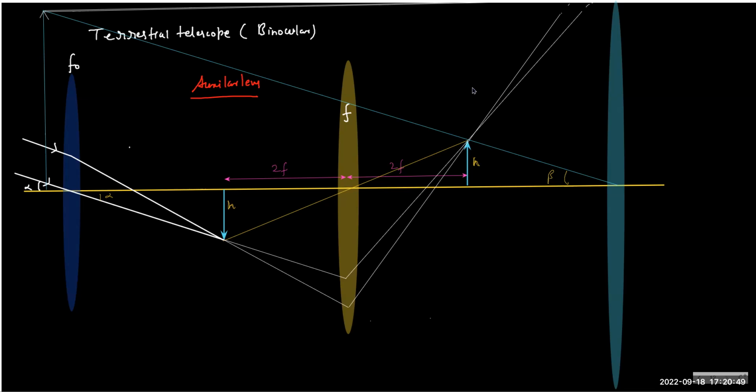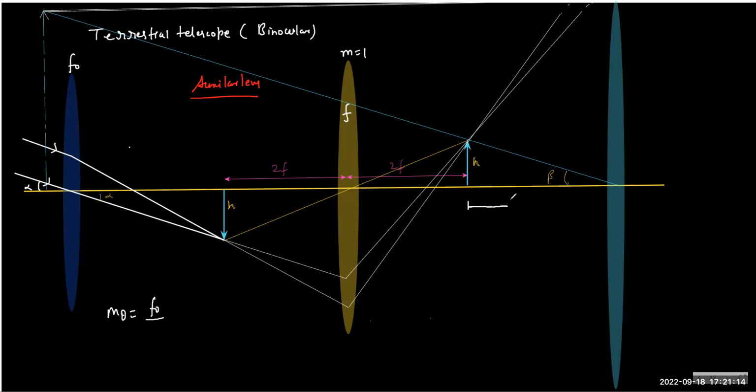Why nothing will change? Because the auxiliary lens is bringing how much magnification? What is the magnification achieved by this lens? 1. So it is not going to affect the total magnification. So the total magnification will be same as before. And we always write as F_O by U_E.